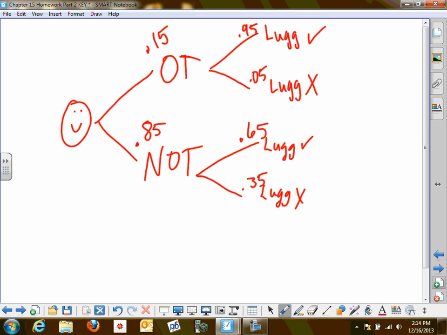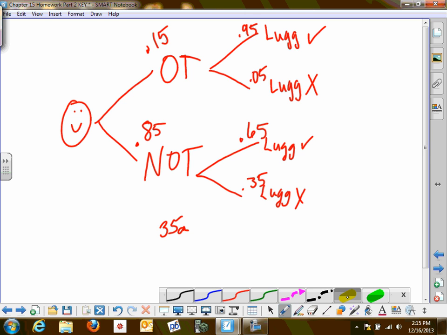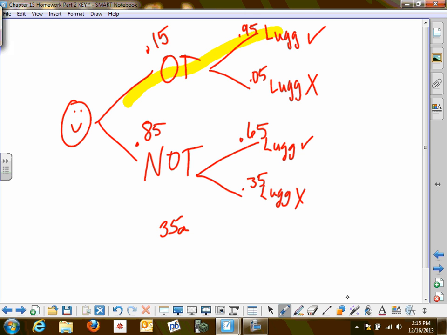The first question, 35A, asks, are leaving on time and luggage getting there independent? I guess technically if you wanted to mathematically show this out, you could go through one of those little formula things and write that out. Because you have a tree diagram, it's easier to see. So let's just take one of them. If you leave on time, the probability of the luggage getting there is 95%.